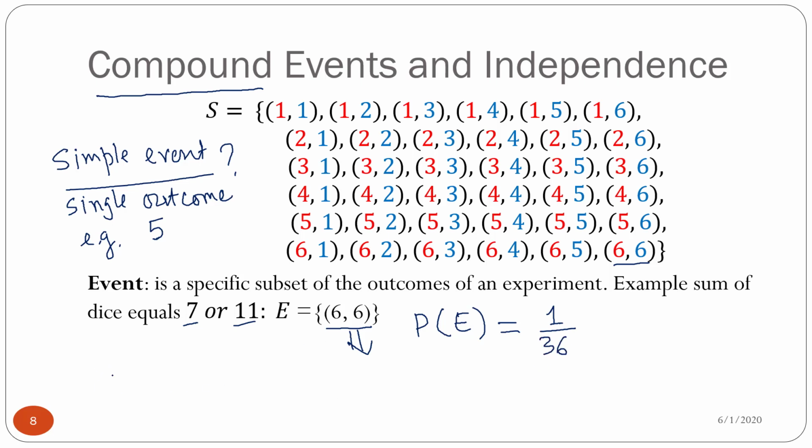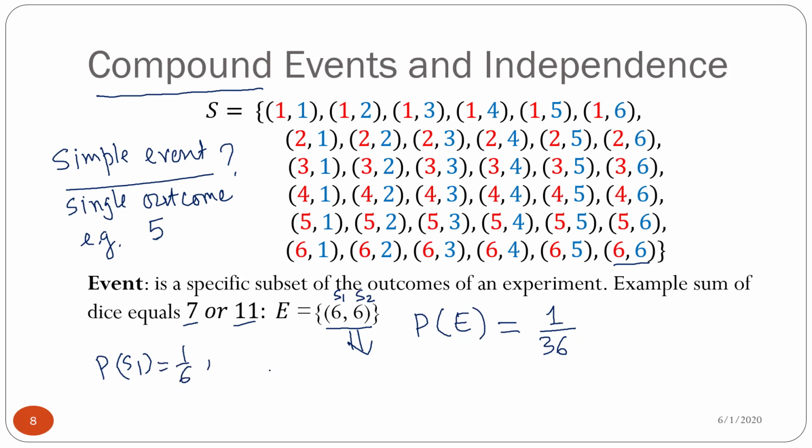Alright, now let's find out, let me call it S1 and S2. S1 is the case where the red dice is giving me 6, and S2 is the case where the blue dice is giving me 6. Now what is the probability of S1? It is 1 by 6.